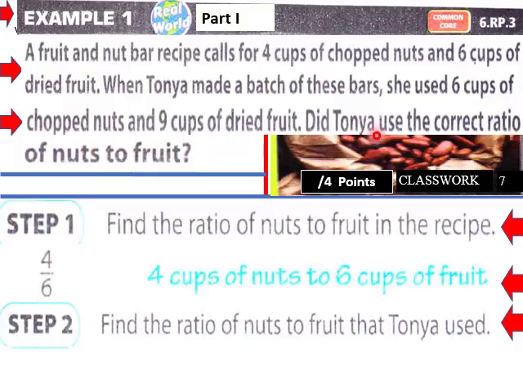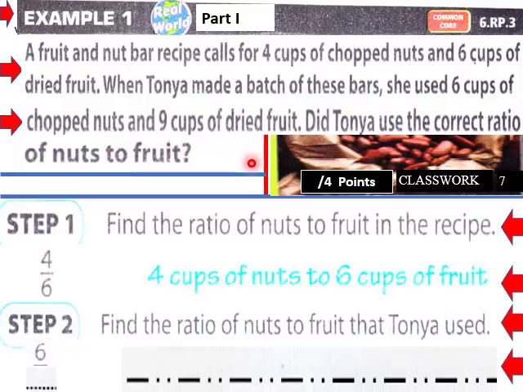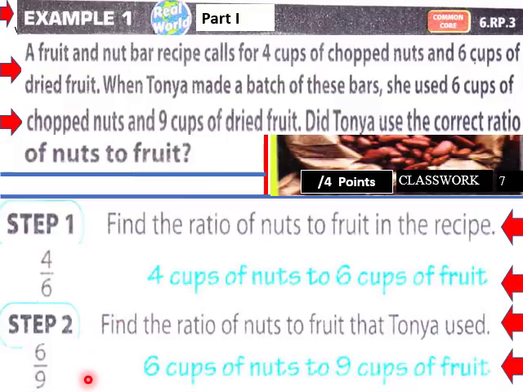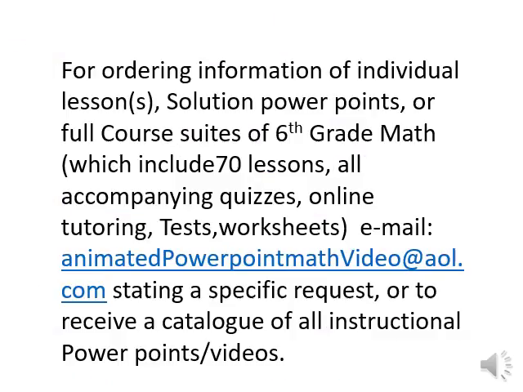She used 6 cups of nuts to 9 cups of fruit, so the ratio is 6 to 9. Is 6 to 9 the same thing as 4 to 6 is the question, and that will be in part 2.